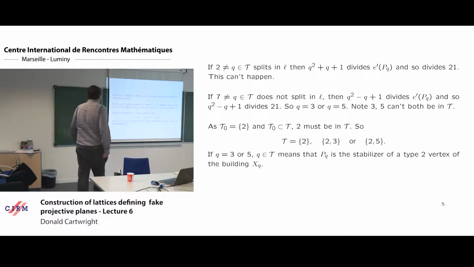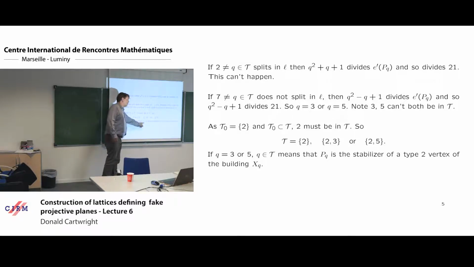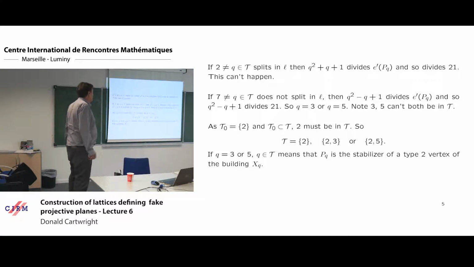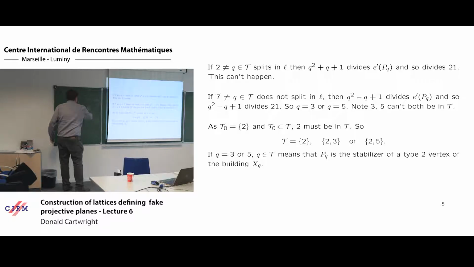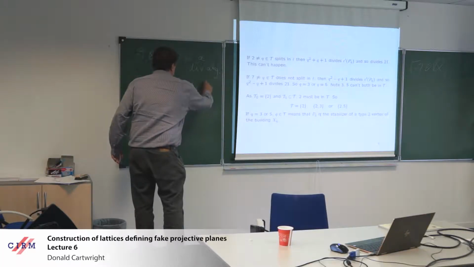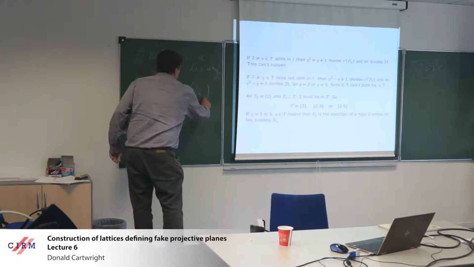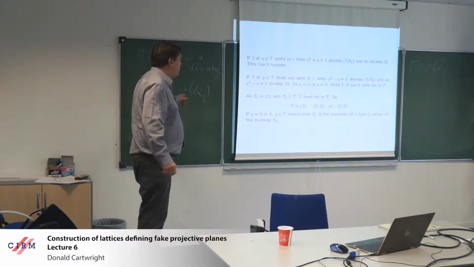And for example, when 3 is in T, that means that the parahoric subgroup has to be maximal, it has to be a stabilizer of a type 2 vertex of the building associated with this group.